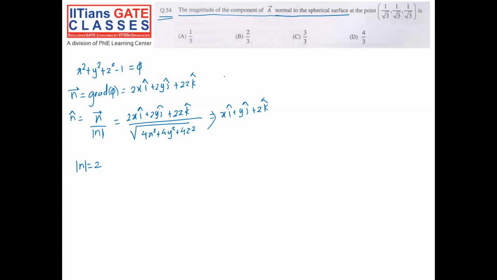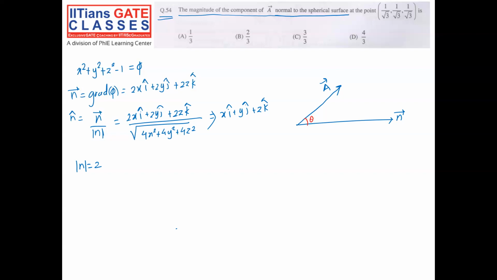Let's try to visualize this. Let's say this is your a bar and we have another vector n bar here. For example. Now what they're asking us is the magnitude of the component of a bar in this direction, in the direction of n bar.